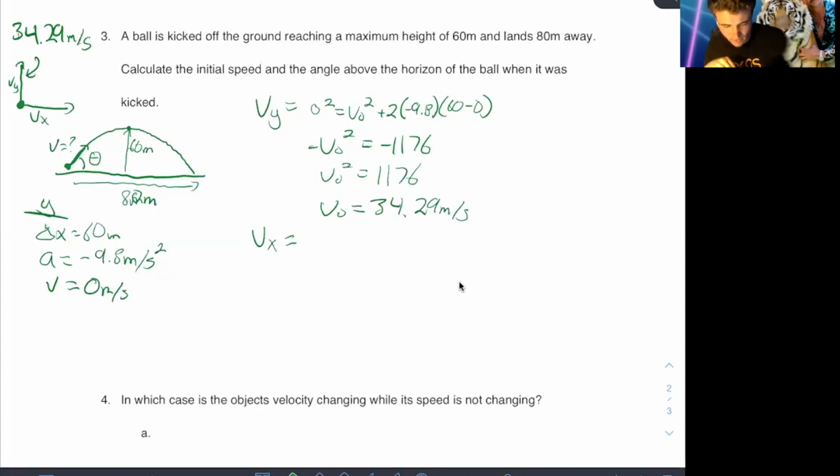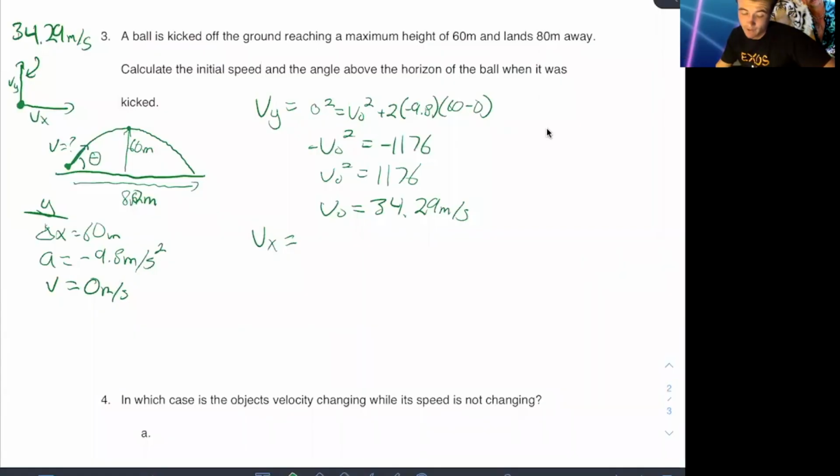We have an acceleration of 0, because if we were just to plug in, hold on, let me pause this real quick. All right, sorry, my notes were a little mixed up here.